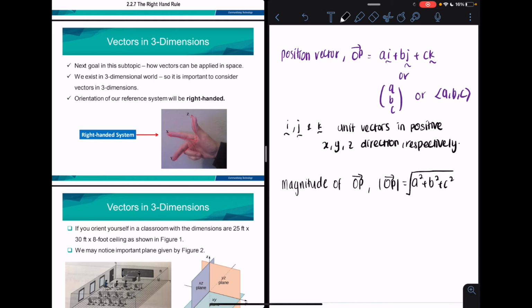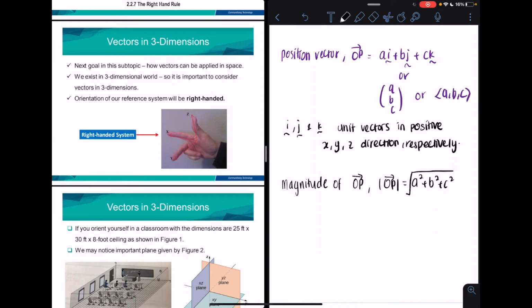I believe I have discussed about how ij comes into picture in 2D, but when we discuss about vectors in 3D, we will add another notation that represent unit vectors in positive z directions, which is unit vector k.